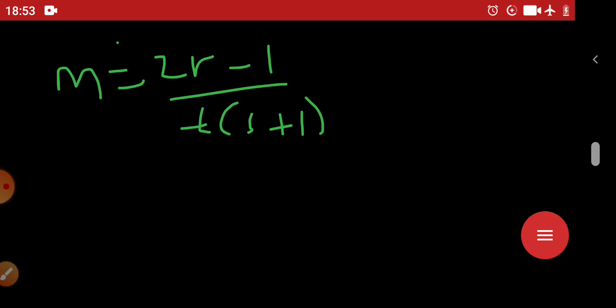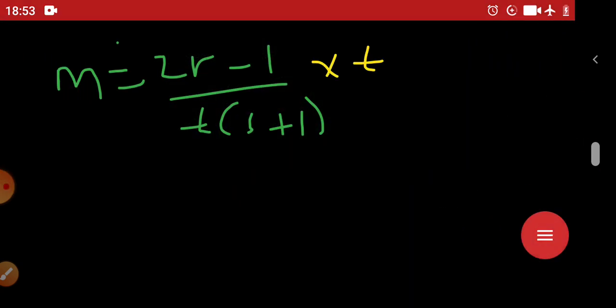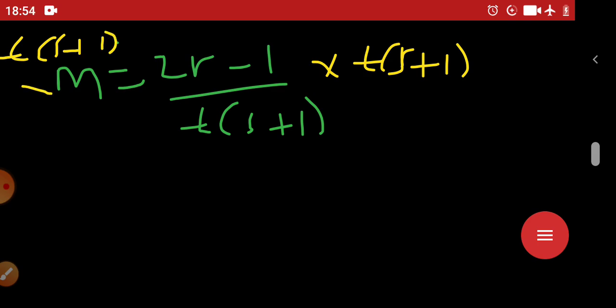So again, we need to multiply by the whole thing to that side. So T(S plus 1) multiplying here.